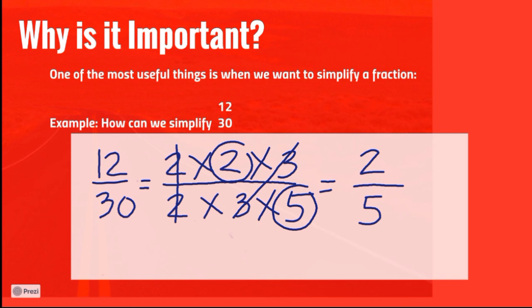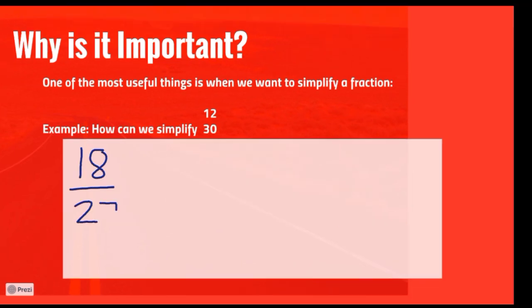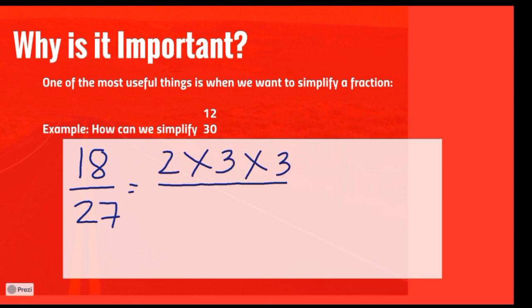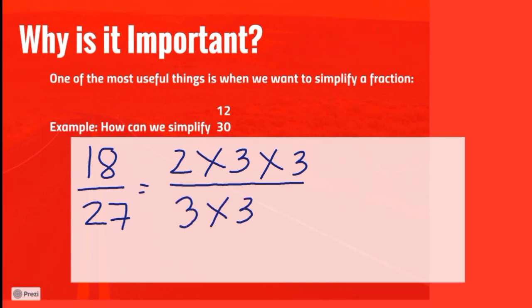So pwede nyo rin itong gamitin. Halimbawa, 18 over 27. So prime factors of 18, 2 times 3 times 3. And prime factors of 27, 3 times 3 times 3. So, cancel out natin yung mga common factors.